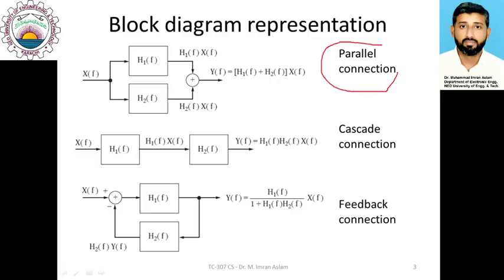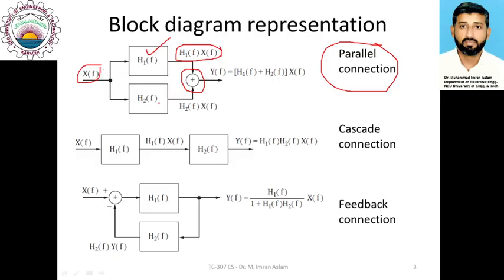network. So the first one is the parallel connection, where you can see that the output is actually the sum of two different subsystems, as illustrated here. So if you have an input which is represented as X(f), the signal goes through one subsystem which is H1(f), and the output will be H1(f) into X(f).